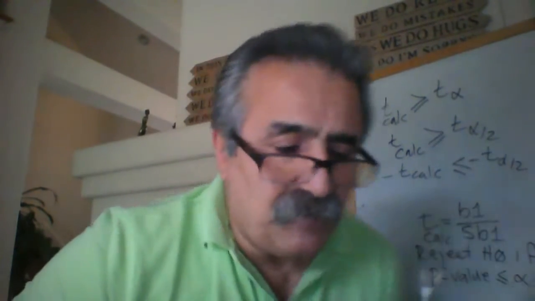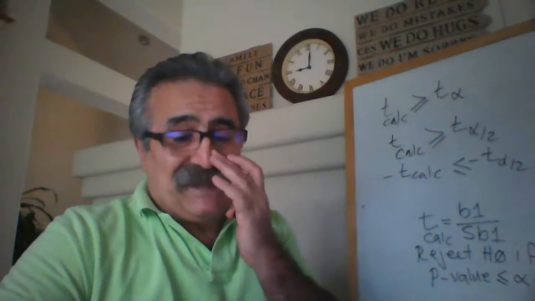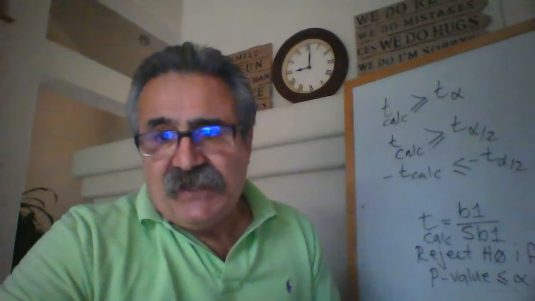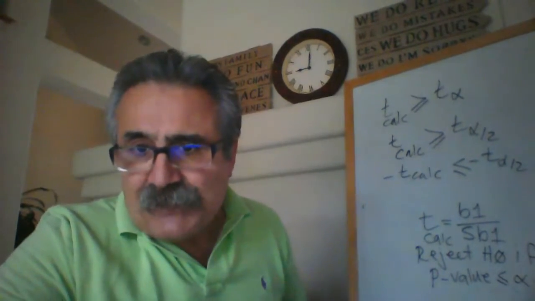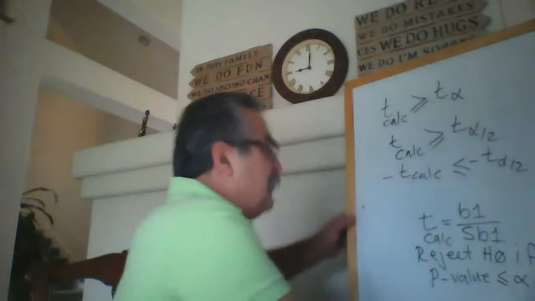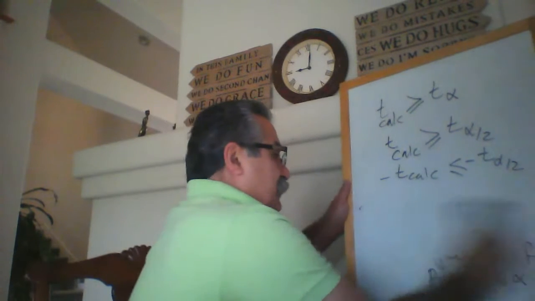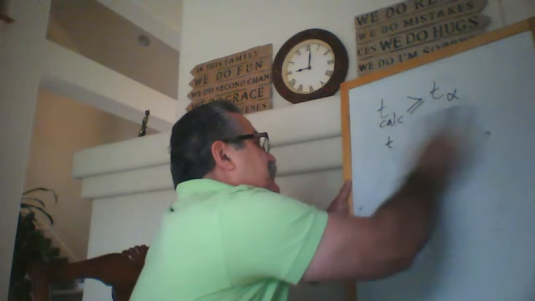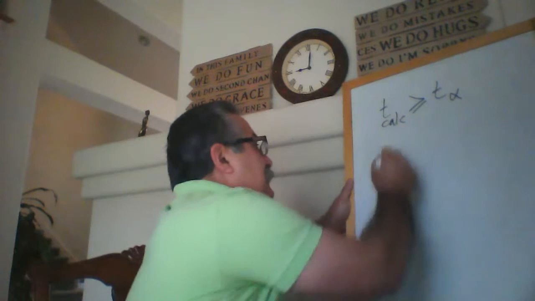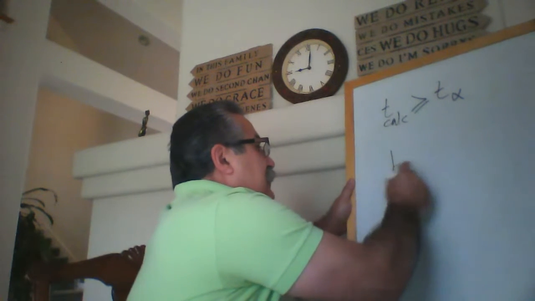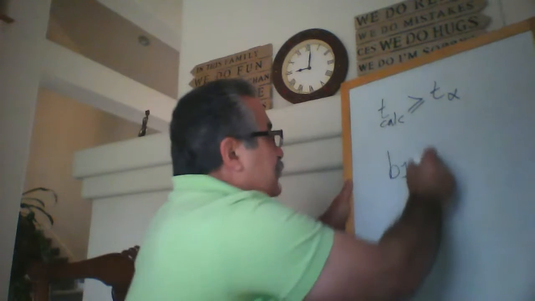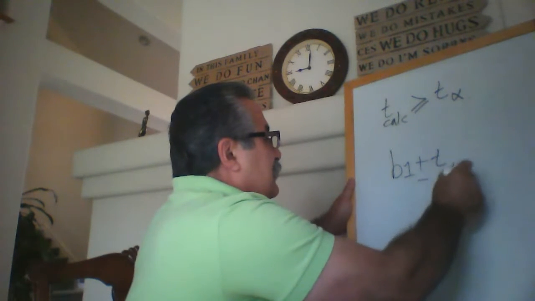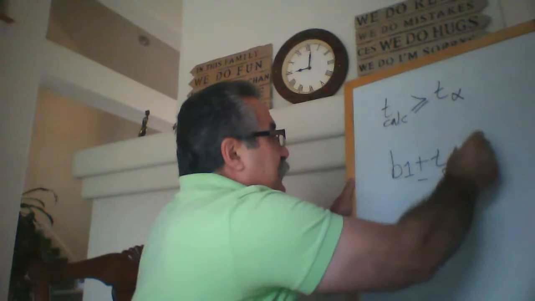Now, there is another method which we're not going to use, that is the confidence interval for beta 1, on slide number 32. So B1 plus or minus T sub alpha over 2 times SB1.